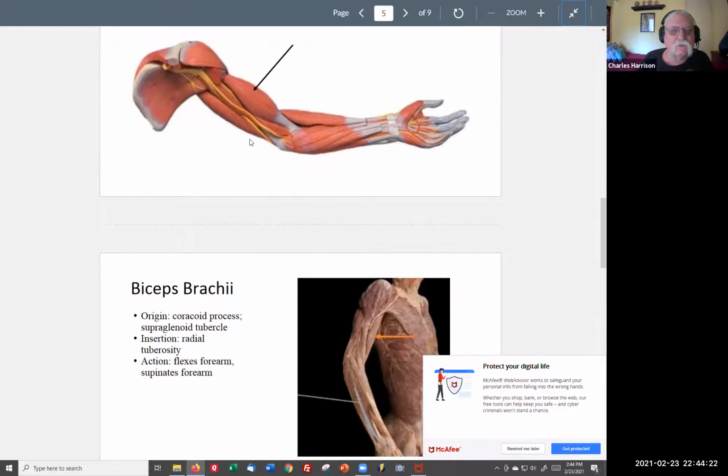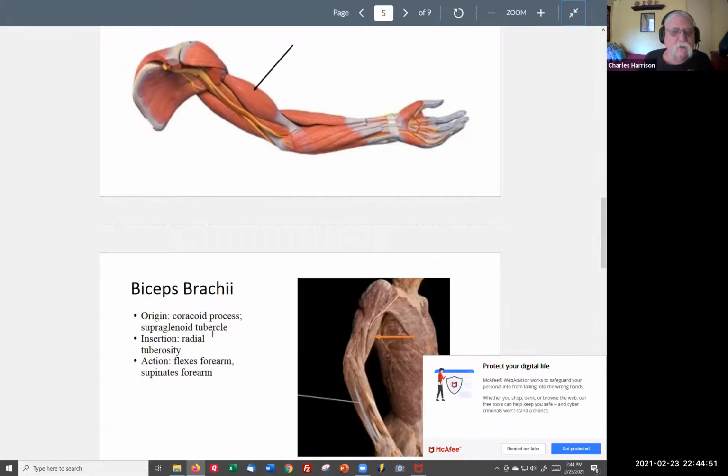Now, while you look at the muscle, this is the time to look at the origin, coracoid process. Remember that? Okay. And the supraglenoid tubercle. Oh, you never had that one. But that would be so quick to look up. It's just the upper portion of the glenoid fossa. The radial tuberosity is the insertion.